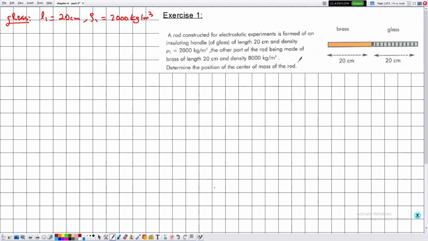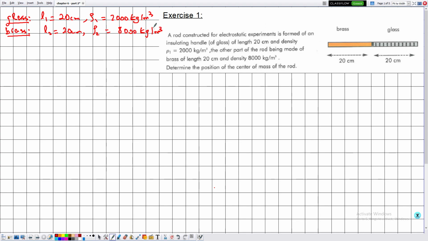The other part of the rod is made of brass of length 20 centimeters and density 8000 kilograms per meter cube. So brass of length L2, say for example 20 centimeters, and ρ2 is equal to 8000 kilograms per meter cube.